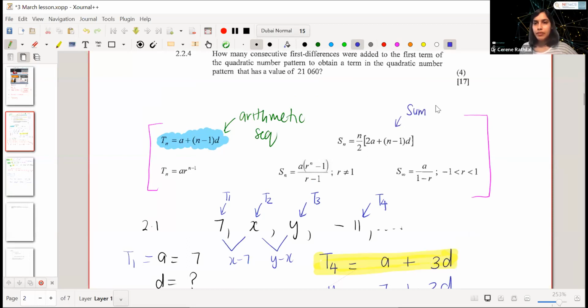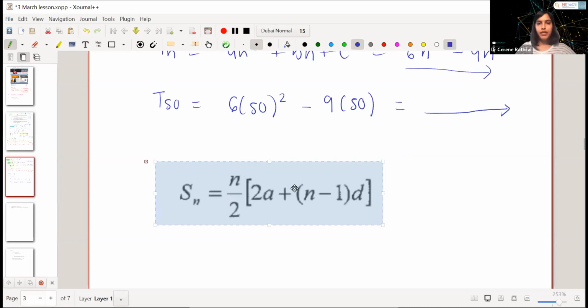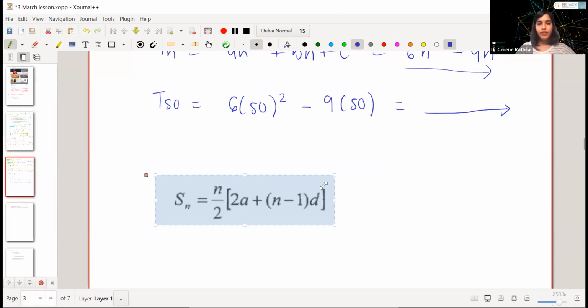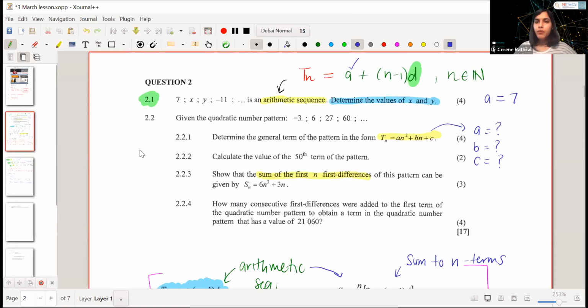Sum to n terms. And this is the formula that you would use for an arithmetic sequence, okay? So that is very important. So this is the formula that we are now going to use. Is everybody clear on why we are calculating the sum to n terms using that formula?